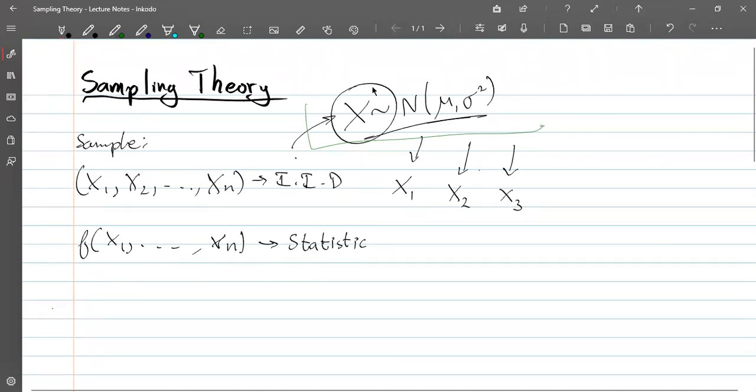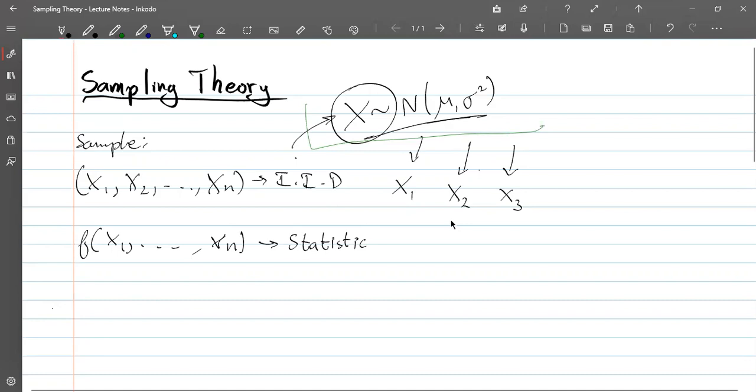The population means a random variable which you are studying. So a function of the sample that does not depend on the parameters of the population, that is called a statistic.